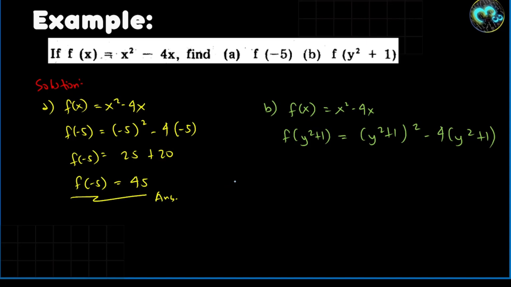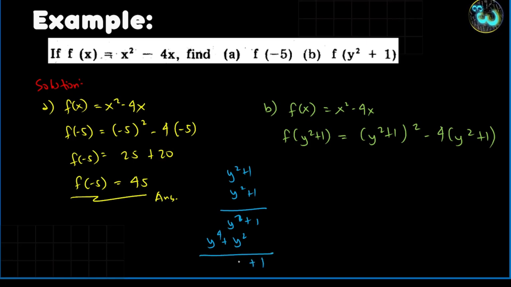So we have y squared plus 1 times y squared plus 1. That will be 1 times 1, 1. Positive 1 times y squared, that will be y squared. Y squared times 1, that will be y squared. And y squared times y squared, that will be y to the fourth. So we have 1 plus 2y squared plus y to the fourth.